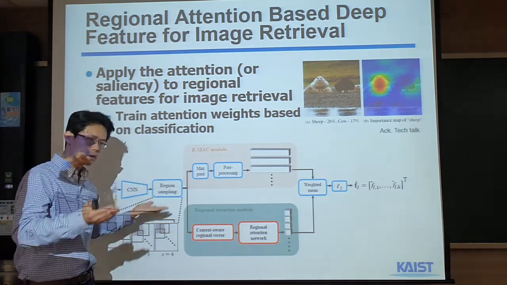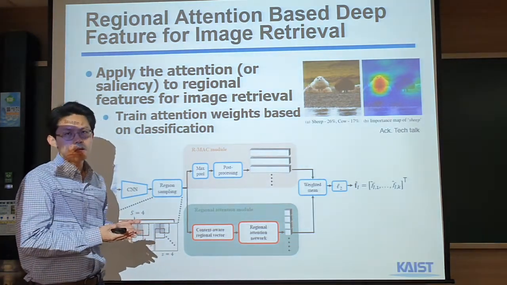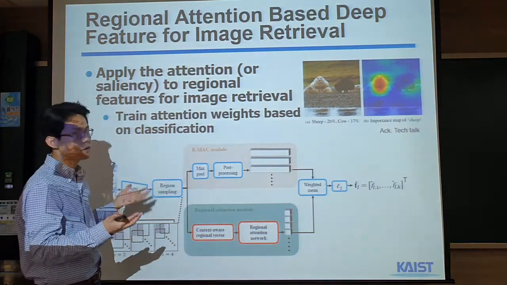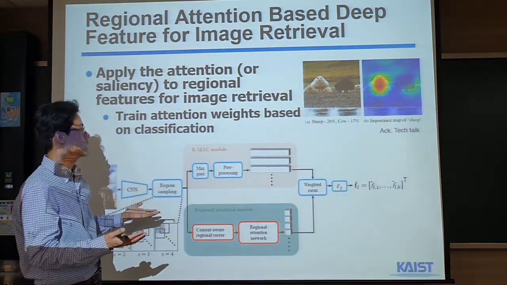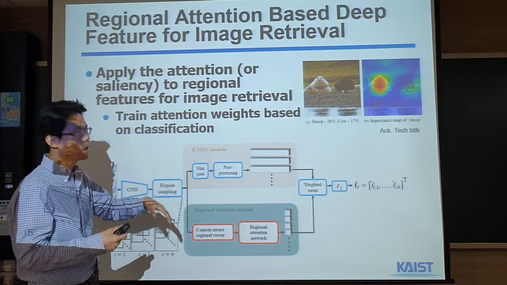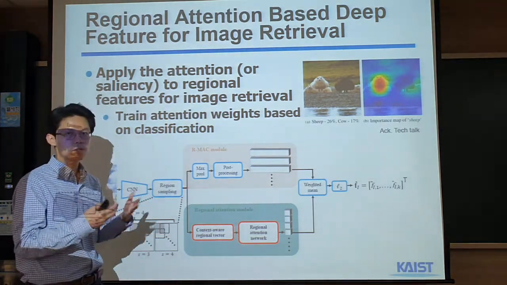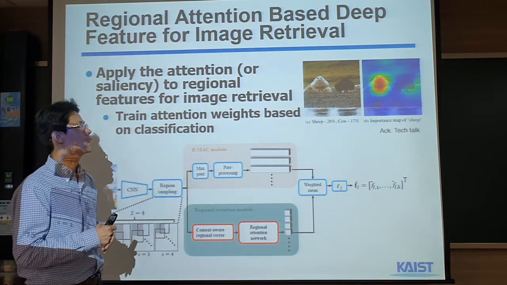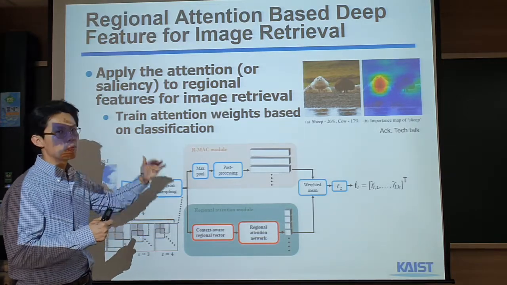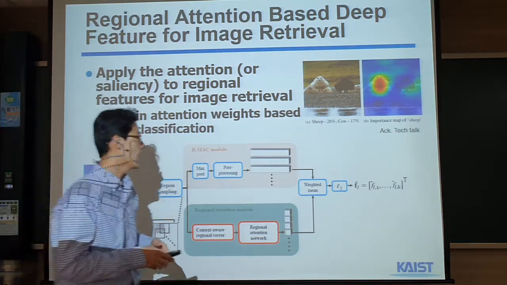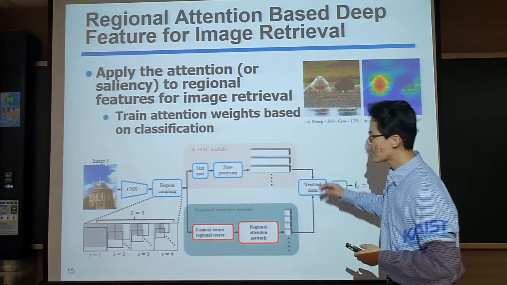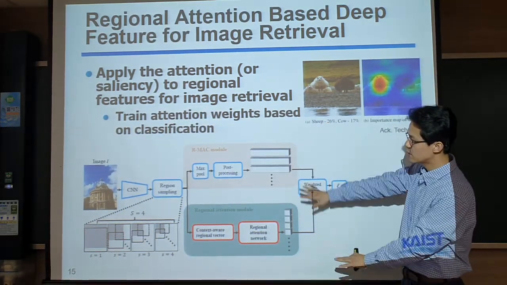In some regions, there might be an attentive object, a more salient feature, something like that. Then we give more weight. And if some region has just background clutter, we give lower weight in terms of attention. I cannot talk about the details here.